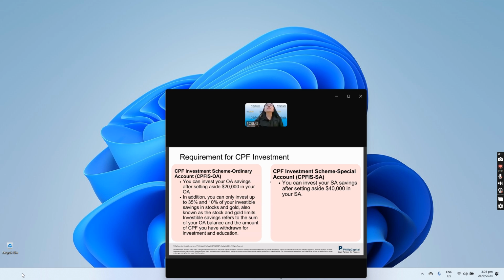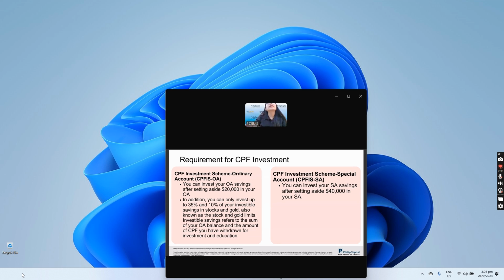So in the CPF account, what we can use for investment is basically OA and SA. For OA, like I mentioned just now, you need to set aside 20K before you go for investment. In short, the 20K in the OA you cannot move. Then for the rest of the amount, you can explore any instrument you like. Unit trust is one of them. Of course, the options will be fewer than with cash.